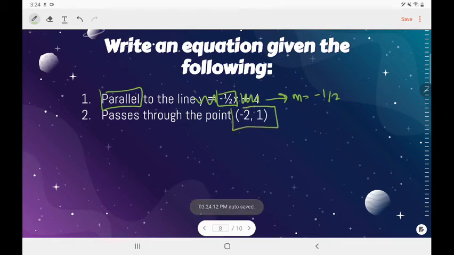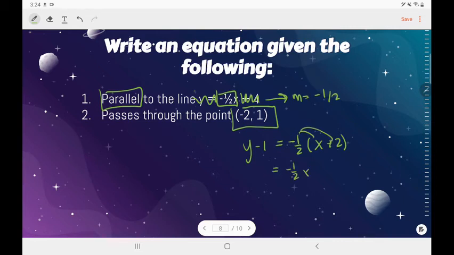So let's say I use my point slope method. y minus 1 equals negative 1/2 times x minus a negative 2, which means add 2. Distribute, negative 1/2 x minus 1. y minus 1 plus 1, y equals negative 1/2 x plus 0. So I leave it off.